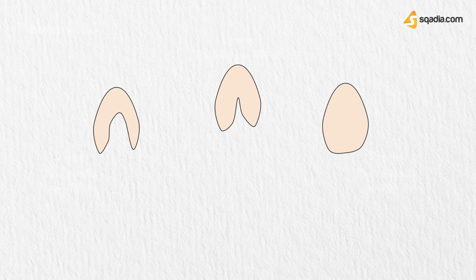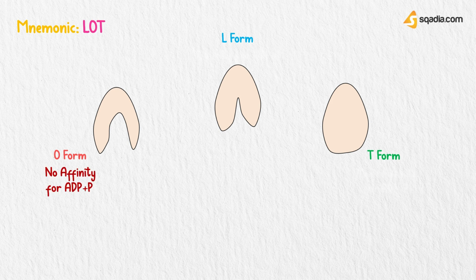It is envisaged that beta subunits occur in 3 forms: O form, L form, and T form. Remember them by a mnemonic known as LOT. O form is also known as open form. This form is known to have low affinity for substrates ADP and inorganic phosphate. The next one is L form. It is also known as loose form.